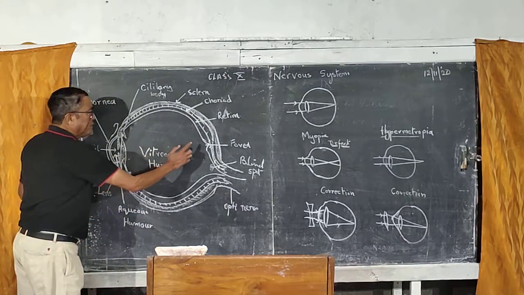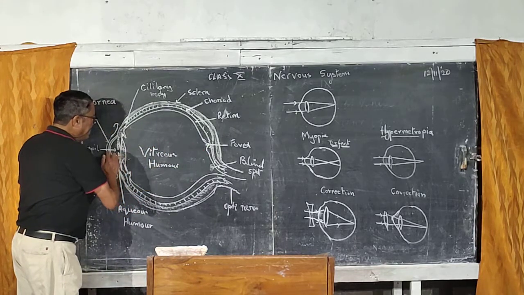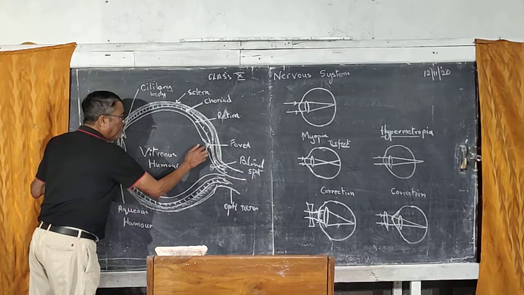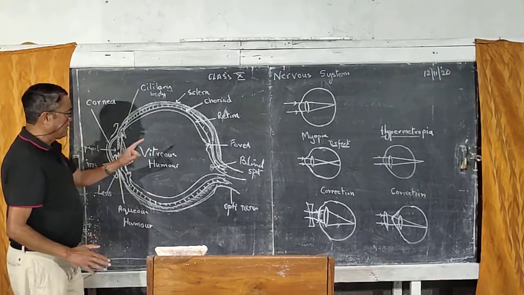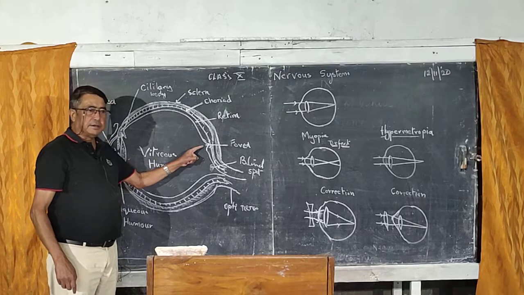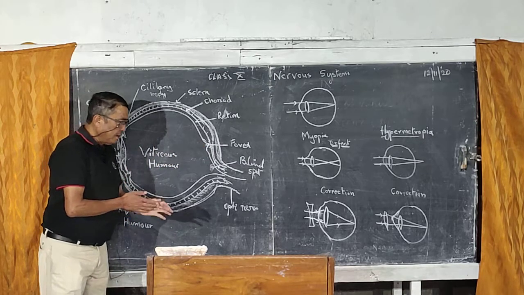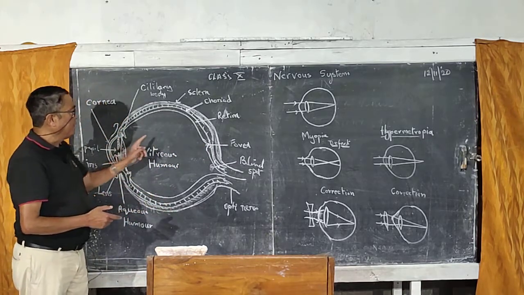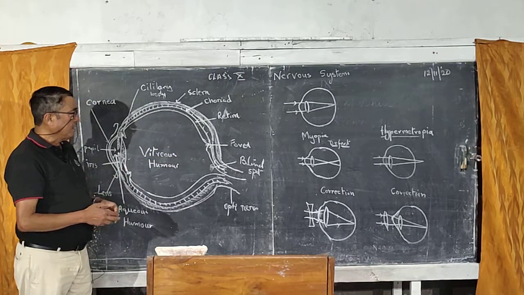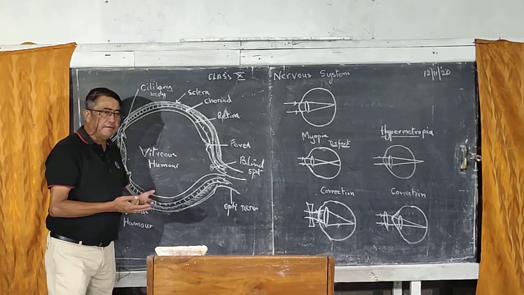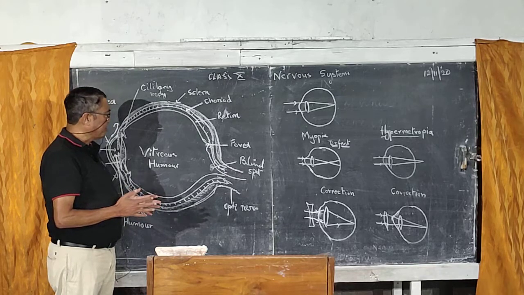The fovea is the point on the retina on the principal axis of the lens where you find the cone cells, and this region is meant for clear vision, bright light vision and color vision. The image is formed on the fovea. The image is real, inverted and diminished.